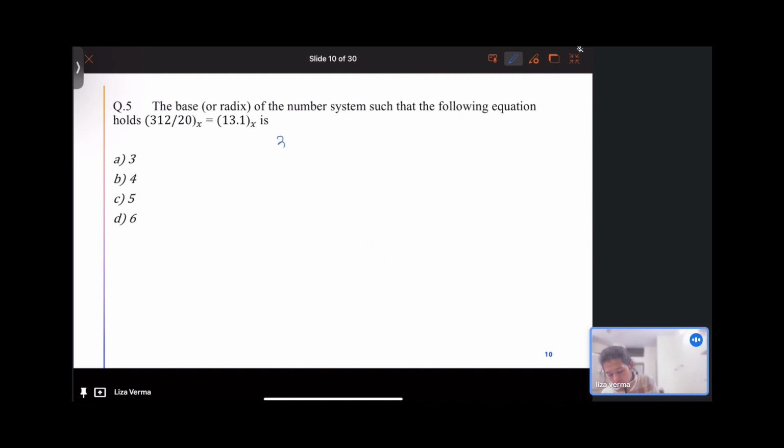So 312.20 in radix x is equal to 13.1 in radix x. Okay, so how do you write it?